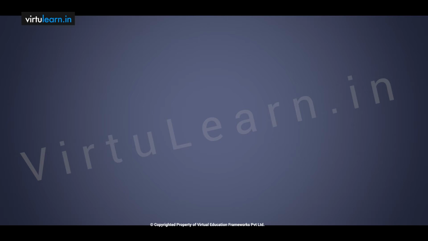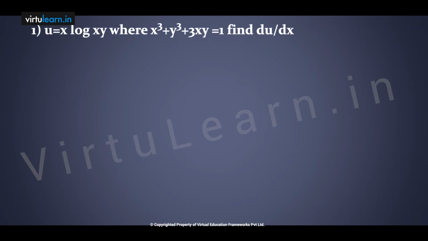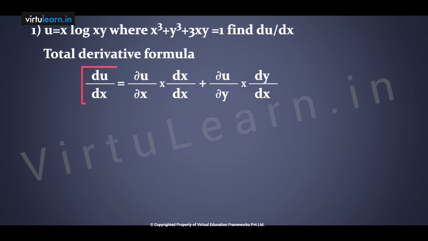Problem on total derivative. First problem: u equal to x log xy, where x cube plus y cube plus 3xy equals 1. Find du by dx. From the total derivative formula, du by dx equal to dou u by dou x into dx by dx plus dou u by dou y into dy by dx.